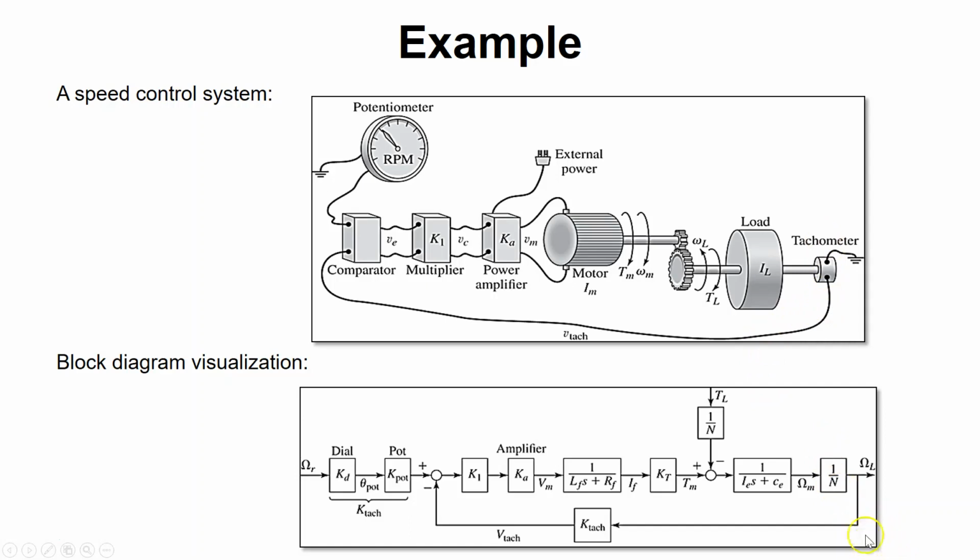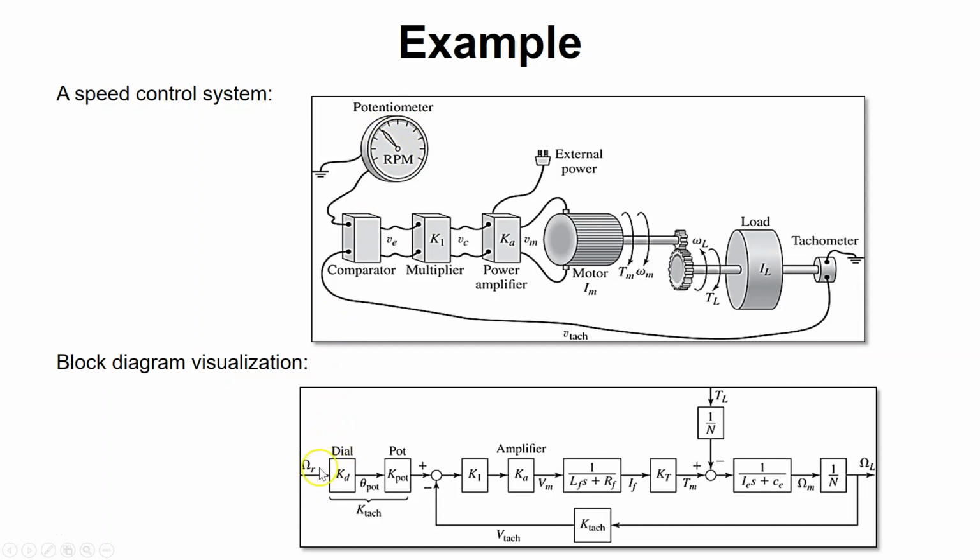Also, the tachometer itself has a gain, so when it converts the RPM to voltage, it has a gain, so the voltage is proportional to the RPM, and that's what happens, right? And here also, the RPM that you want, you insert it by turning the pot.